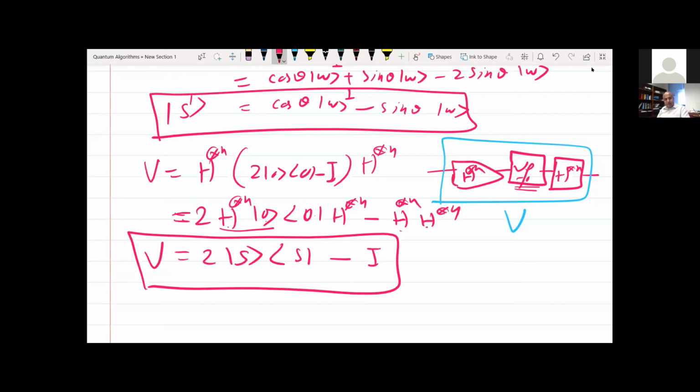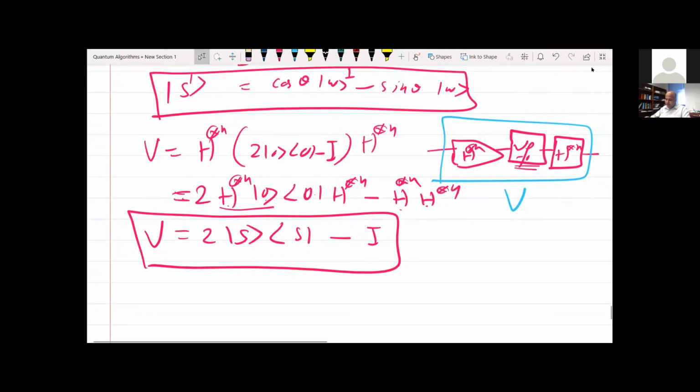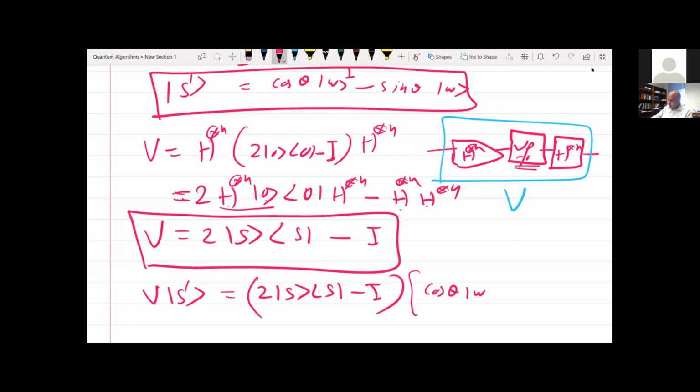Let's now operate this V operator on state S prime. So V operating on S prime gives me (2|S><S| minus I) into (cos theta omega perpendicular minus sine theta omega).